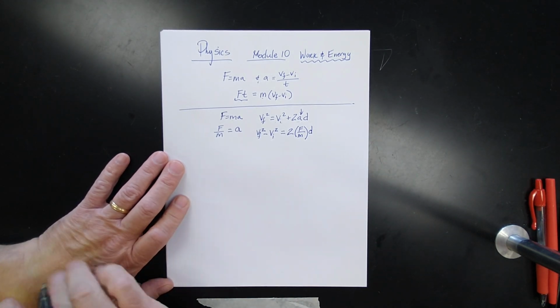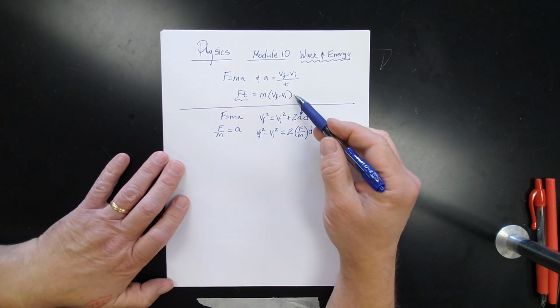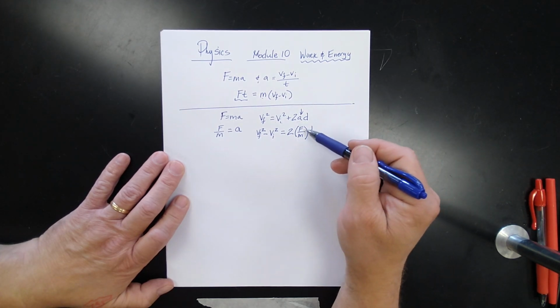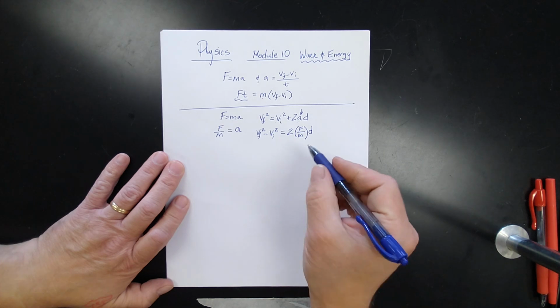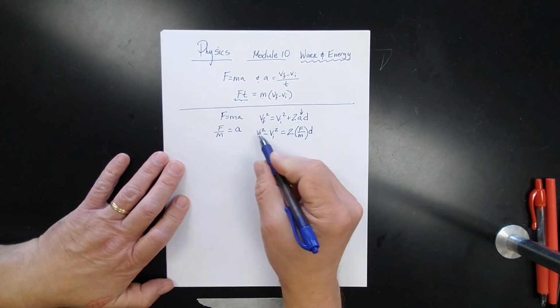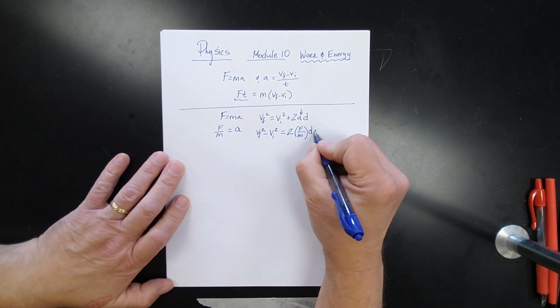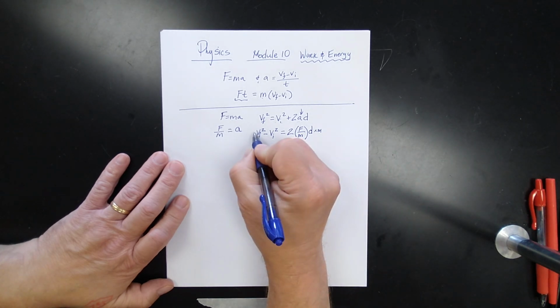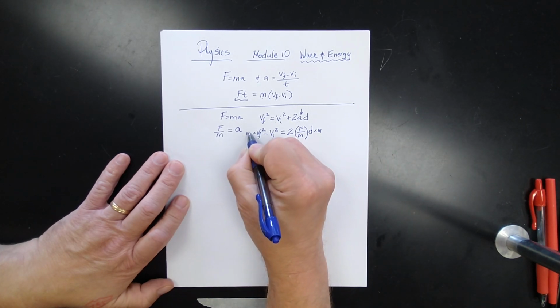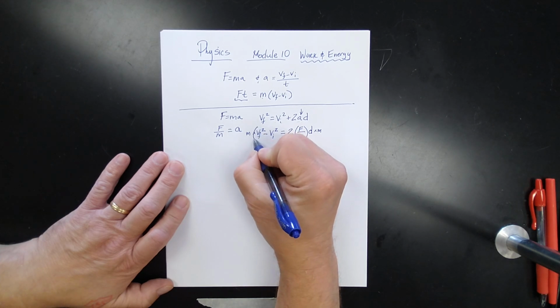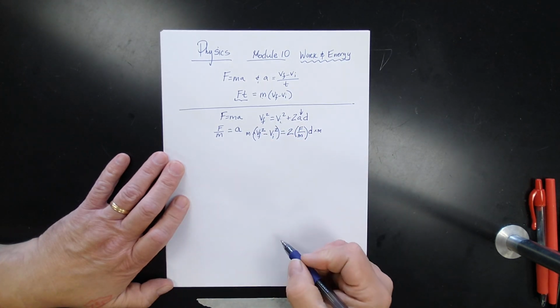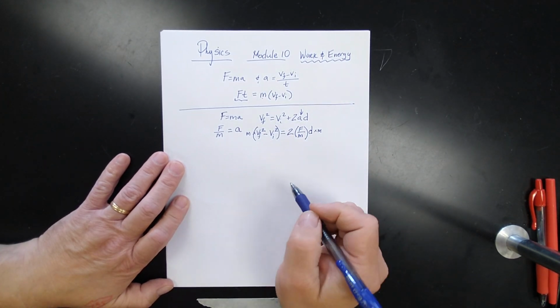Now, just like we did with the impulse momentum theorem, we're going to massage this around for a little bit. First we're going to take m and move it to the other side, so we multiply by m on this side and multiply by m on this side. When we do that, we have to multiply both velocities, because there are two terms.